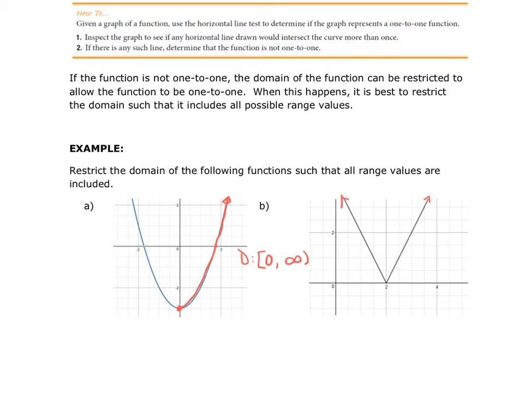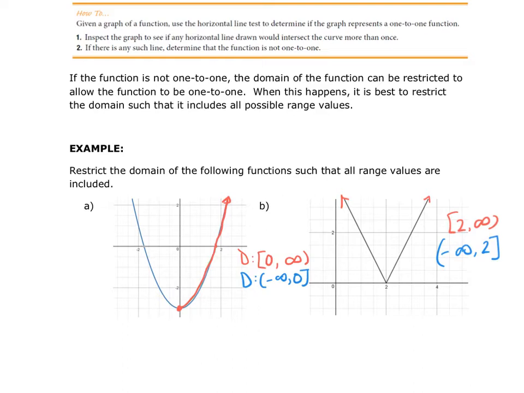So my other choice for A could have been from negative infinity to 0. Got to make sure you include 0. So over here I can go from negative infinity to 2 inclusive, which takes the left side, or I could have gone from 2 to infinity, which takes the right side.